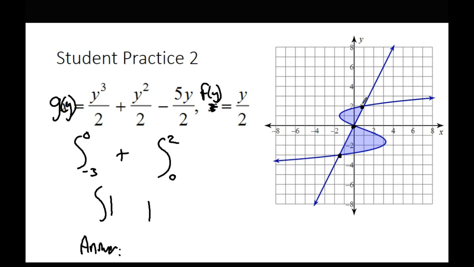So John, on the first interval from -3 to 0, which one comes first, G or F? G minus F dy. Now why? Because we have 2 functions here. One of them is a linear function, and that's this guy. So F is the straight line, G is the bending one. And as you can see on that interval, G is further to the right than the straight line.